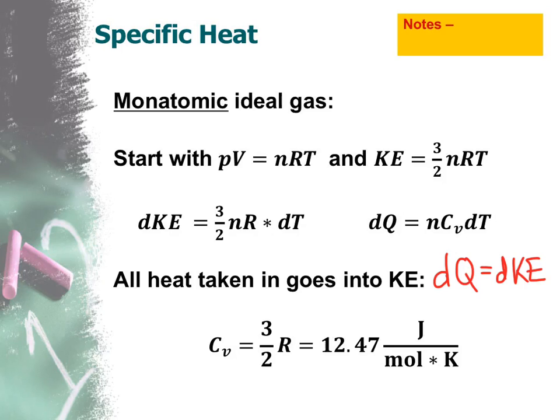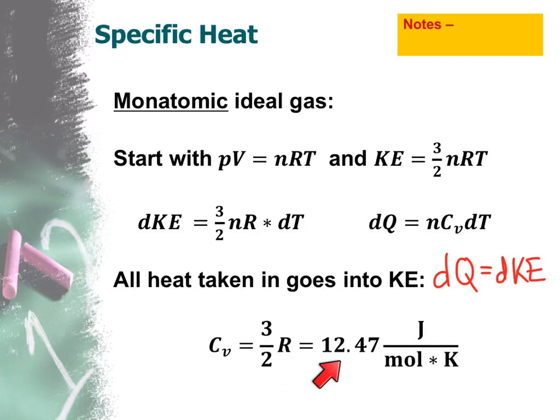All the heat that I put into this gas is going to go into raising its kinetic energy, which means that dQ is equal to dKE, which means this is equal to this. And when I set those two equal and do some algebra, I figure out that the specific molar heat at constant volume is equal to 3/2 times R. And R is this constant in the ideal gas law.